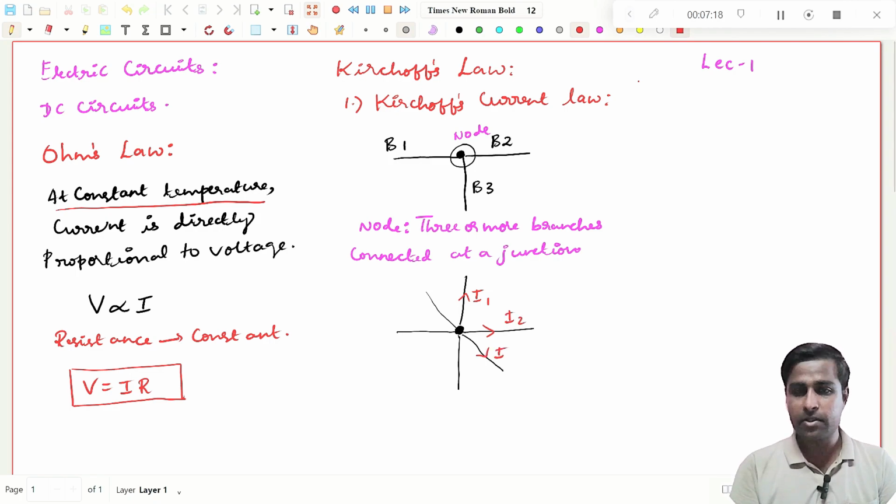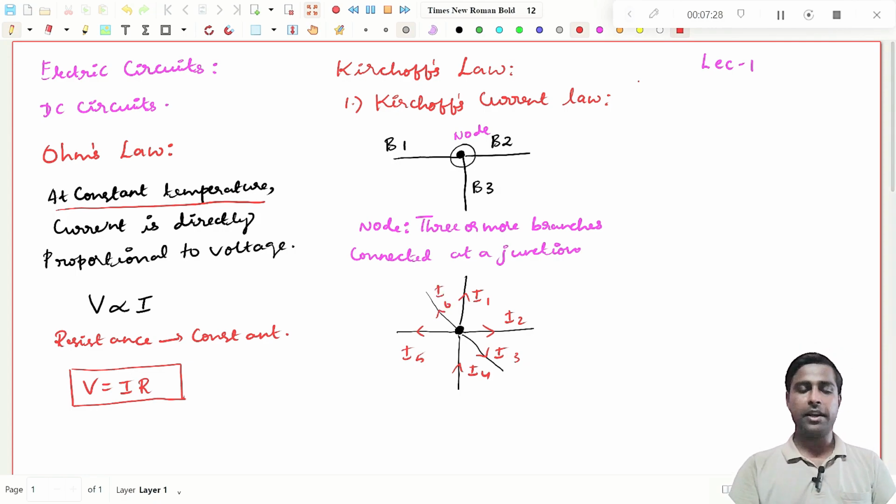I am just drawing the current directions. So this is the diagram: this node carries 6 branches, and the 6 branches have 6 different currents.